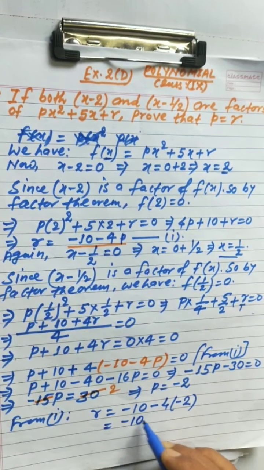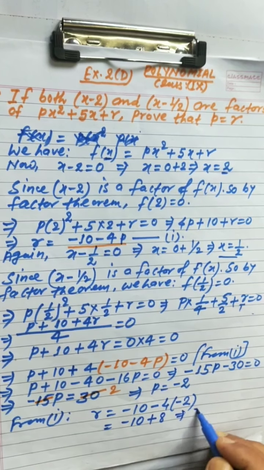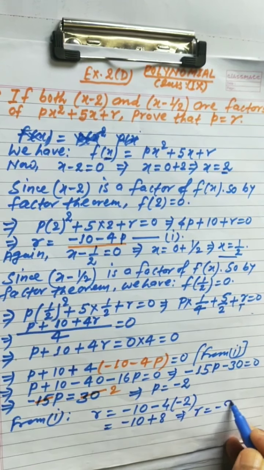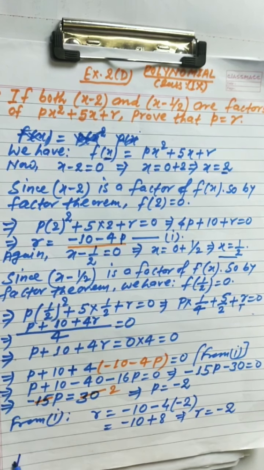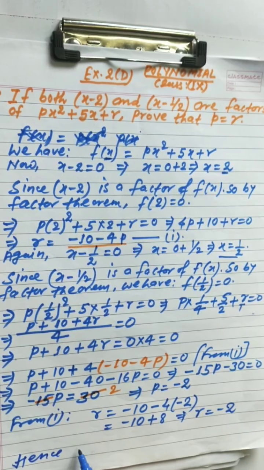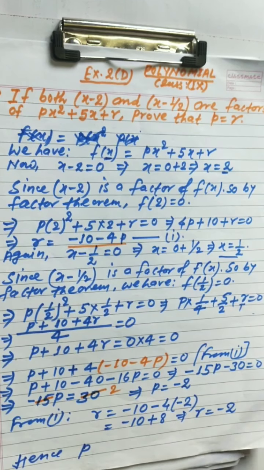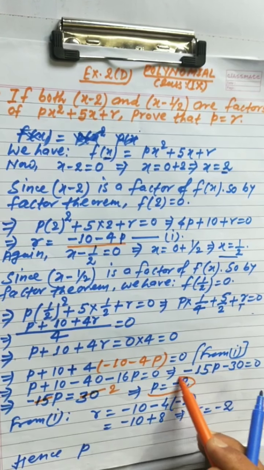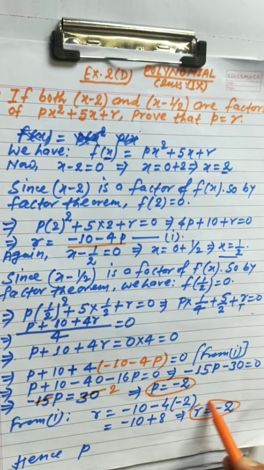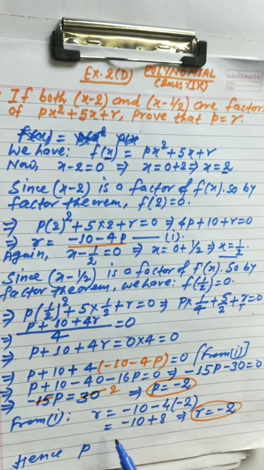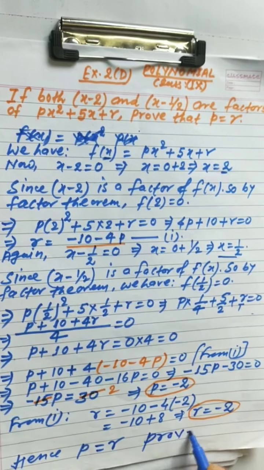It will be equal to minus 10 plus 8, and this implies that the value of r is also equal to minus 2. Hence p is equal to minus 2, and r is also equal to minus 2. So we have proved it.